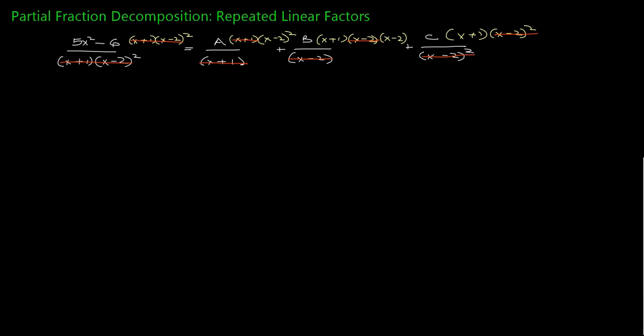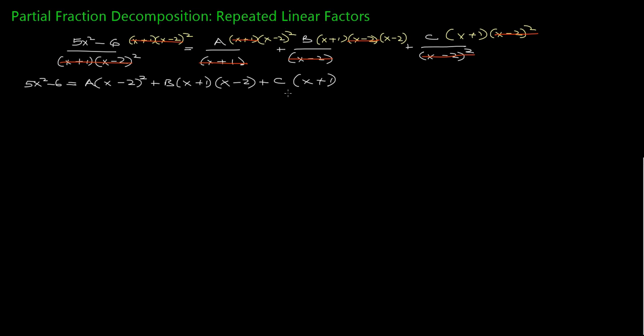So our equation now becomes 5x squared minus 6 is equal to a in brackets x minus 2 squared plus b in brackets x plus 1, x minus 2 plus c in brackets x plus 1.